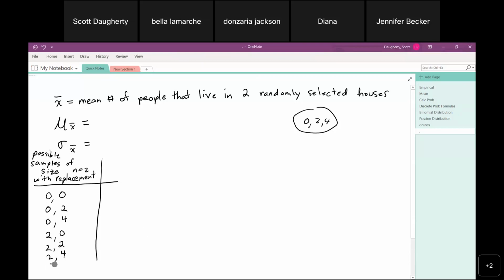Then you also have a 0 second, a 2 second, and then a 4 second. So I've listed all the possible things that could happen when you sample 2 of these with replacement. You could get any one of these 9 samples.